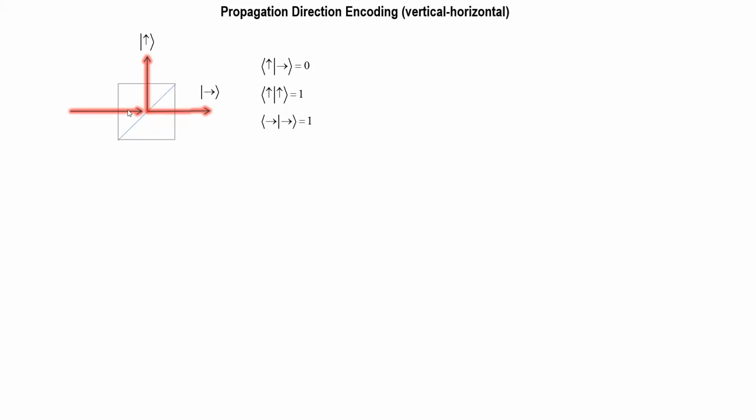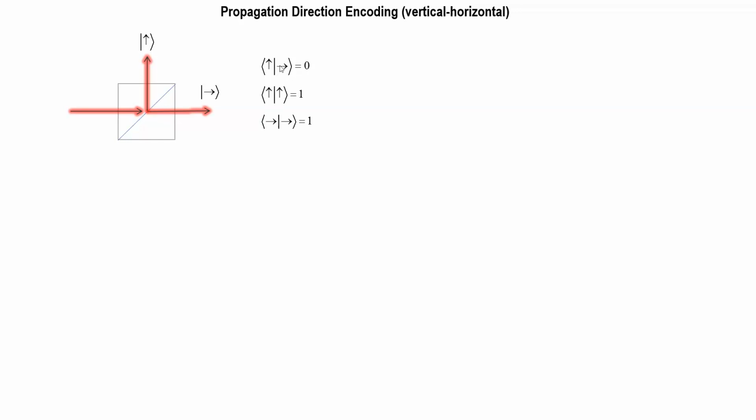And light can scatter or reflect to the vertical direction, or go through, in other words, in the horizontal direction. In any case, after passing through the beam splitter, we get a vertical photon and a horizontal photon.